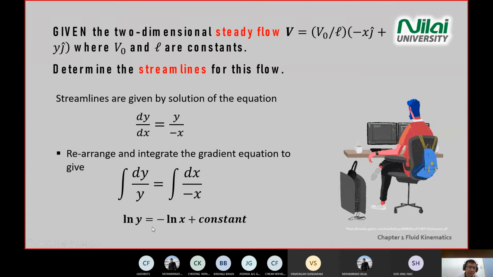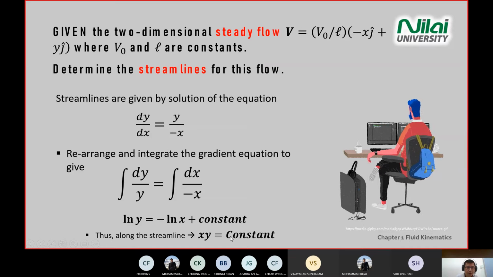Then you pull the negative ln x from the right-hand side to the left-hand side. You have ln y plus ln x; ln a plus ln b gives ab. This is also in your calculus or advanced math. So you have xy equal to constant.